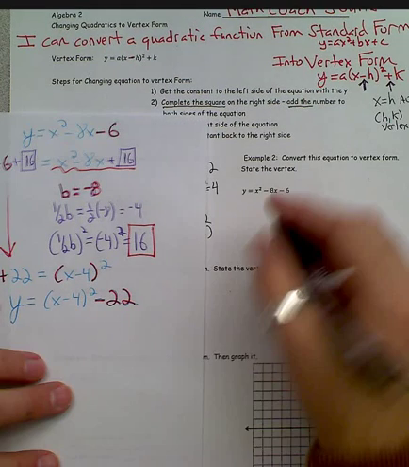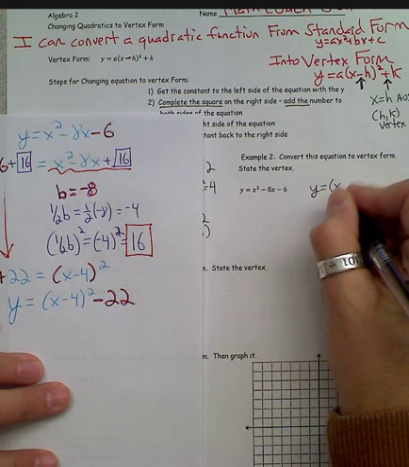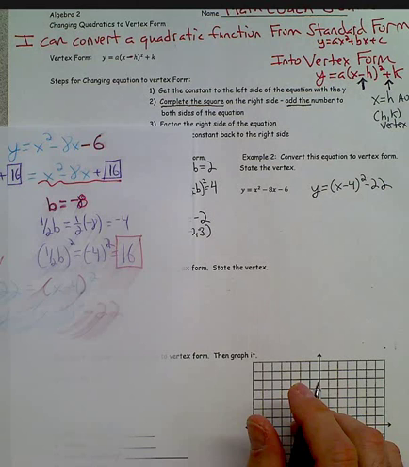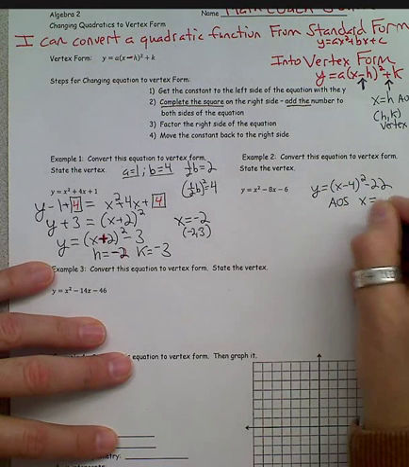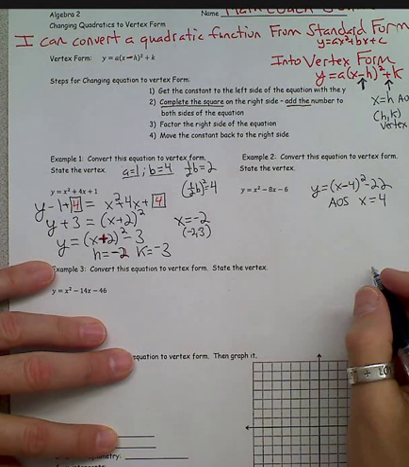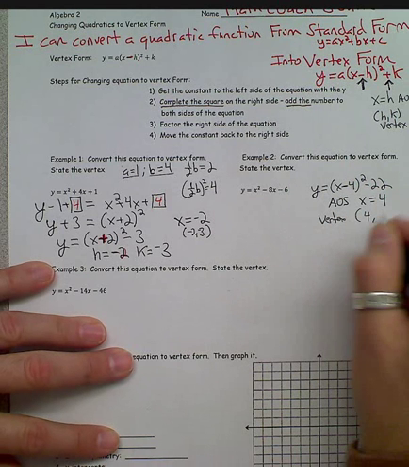So this was standard form, and I have converted it into vertex form. With vertex form, my axis of symmetry is x equals 4, since that was minus and that's the form, I use the positive 4. The vertex is going to be 4, comma, -22.